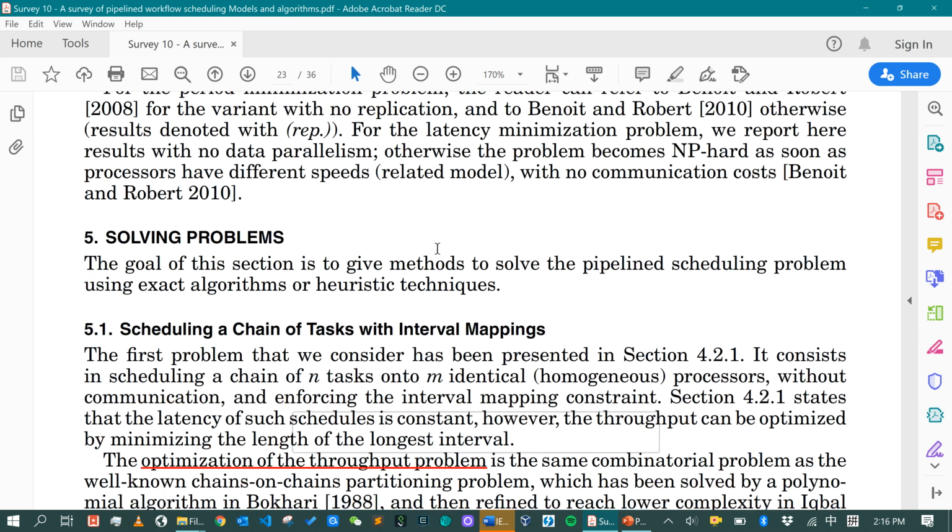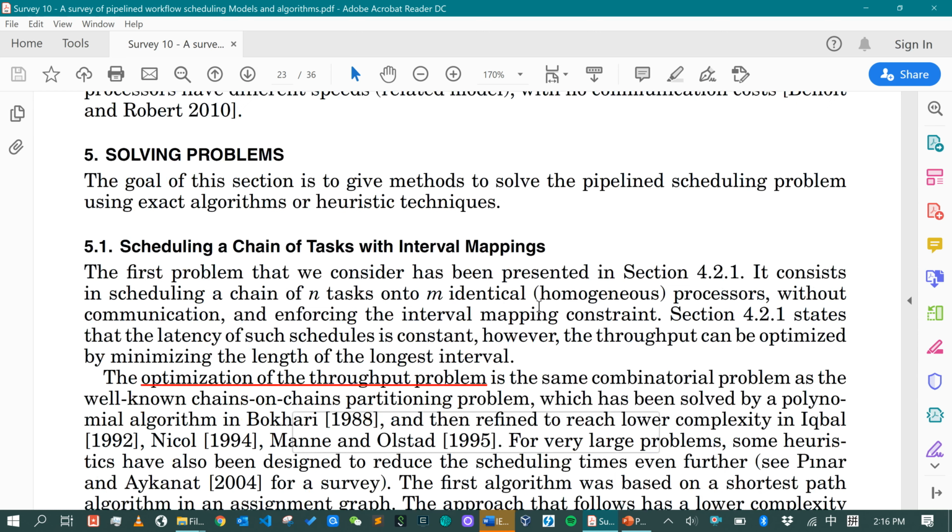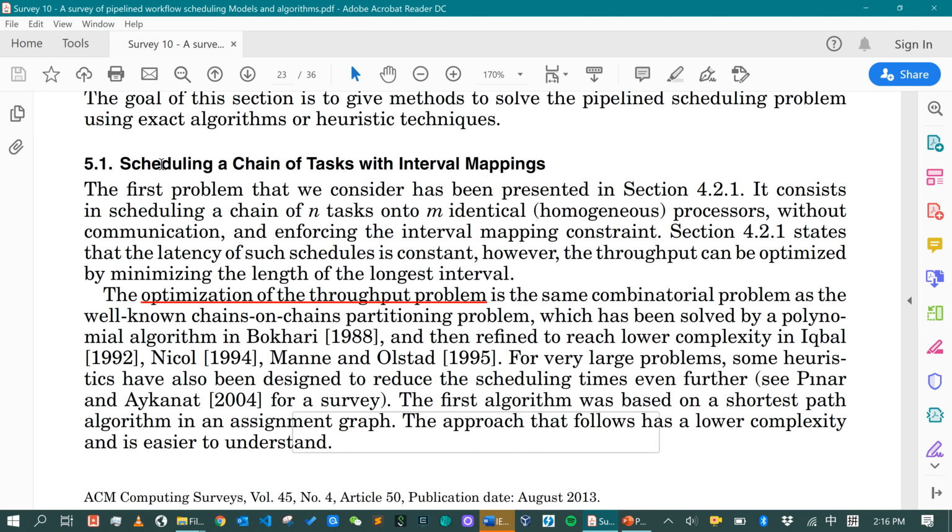As we mentioned in the previous section, it lists out the current scheduling problems and the methods to address them. And here they're specifying the specific scheduling algorithm for each of them. I think this is exactly the same structure as the section before. First is scheduling a chain of tasks with interval mappings.